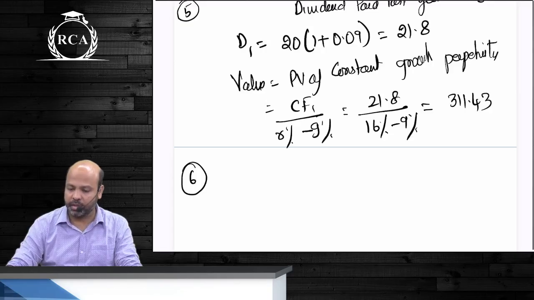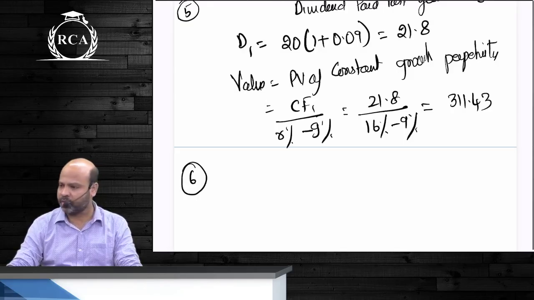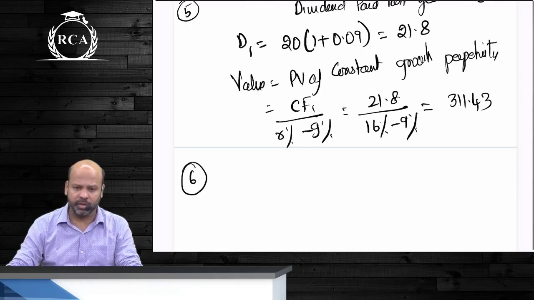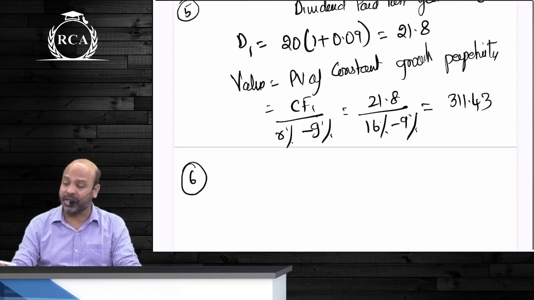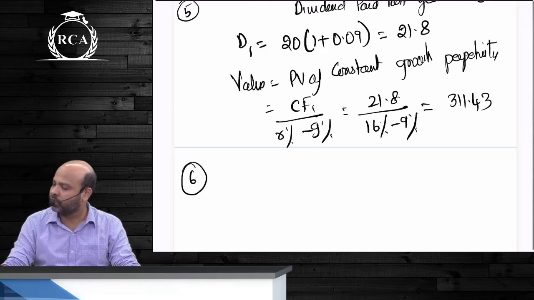10% debenture of rupees 1000 each will mature in 3 years.